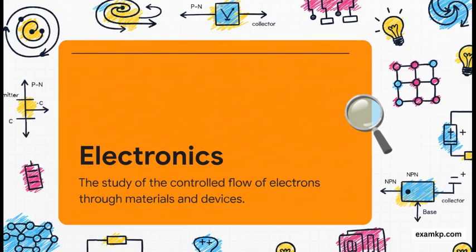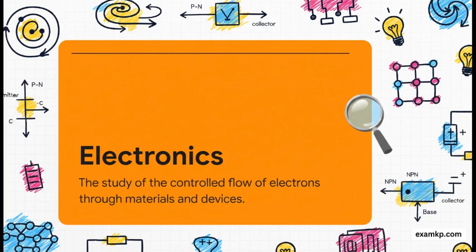But electronics, that's where we become river engineers. We build tiny little dams and gates and channels to tell that river of electrons exactly where to go, how fast to flow, and when to stop. It's all about that precise microscopic control.